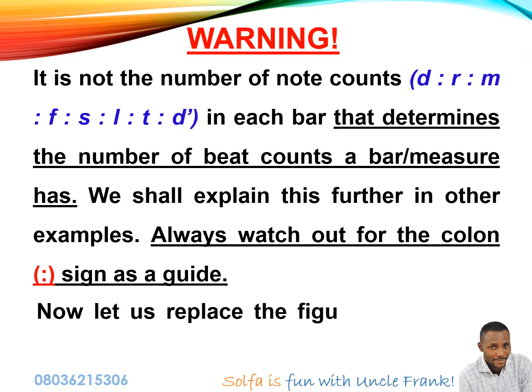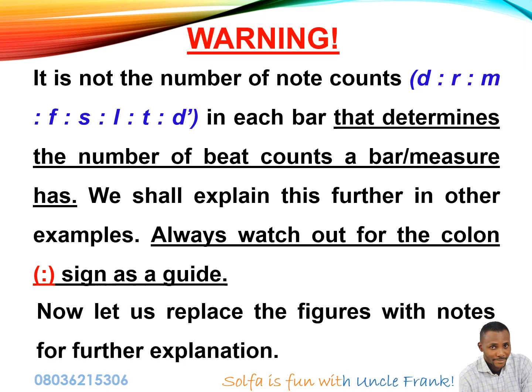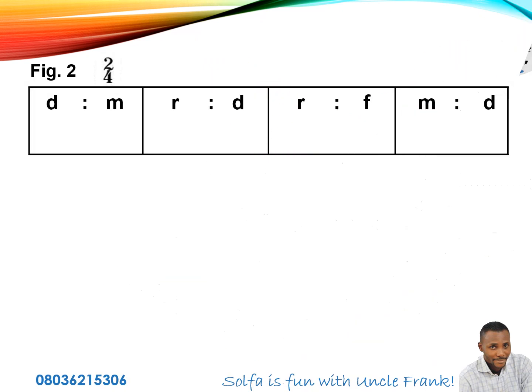Let's replace all these red stars with notes to really make it look human. So we go to figure 2. In this figure 2, we have do, mi, re, fa, mi, do. You see how it is going.